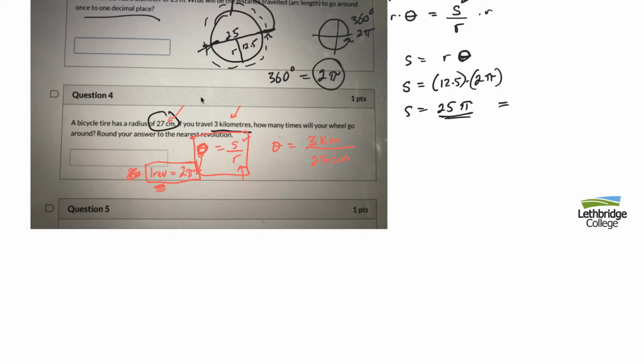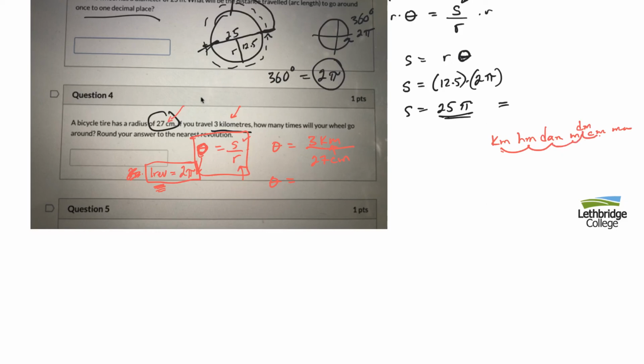The trouble here is that the units don't match, so I have to convert one to the other. Let's convert the kilometers to centimeters. So kilometer, hectometer, decameter, meter, decimeter, centimeter, millimeter. From kilometer to centimeter, I have to go 1, 2, 3, 4, 5.